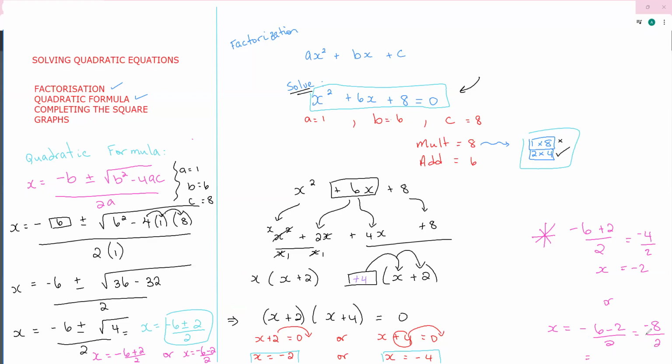Negative 8 divided by 2 would be negative 4. So we saw our two answers. X is negative 2, which we also got when we factorize. And x is negative 4, which we also got when we factorize.